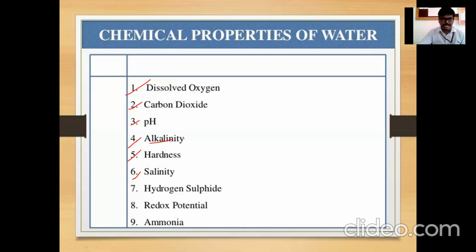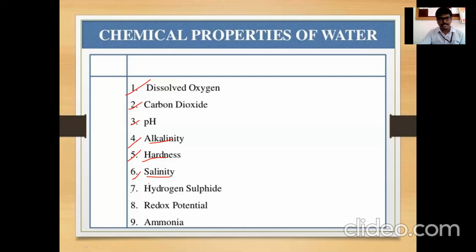And coming to hardness, hardness is all about the dissolved calcium and magnesium in the water. And salinity, as already said, is the presence of salt content in the water.